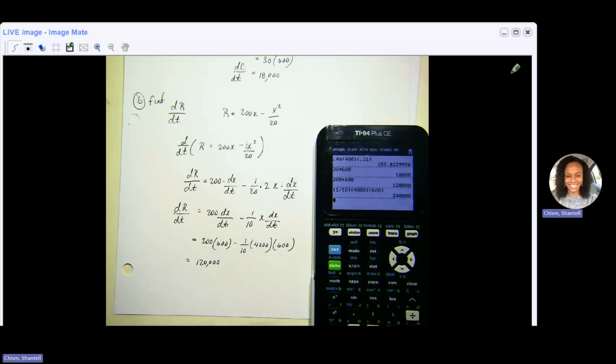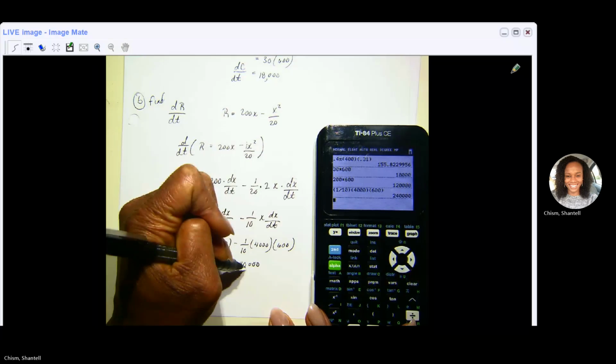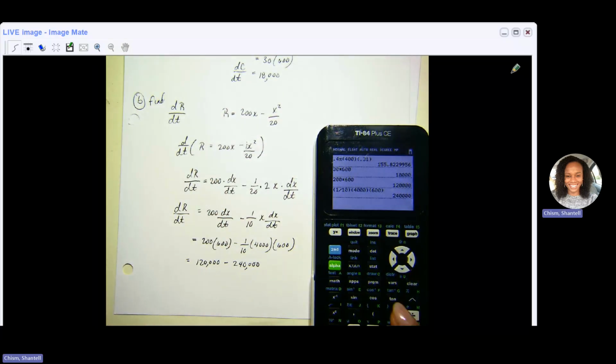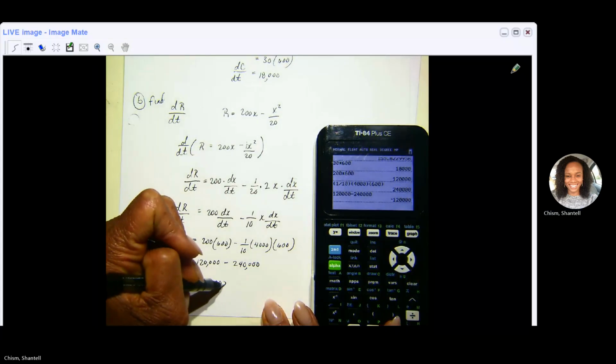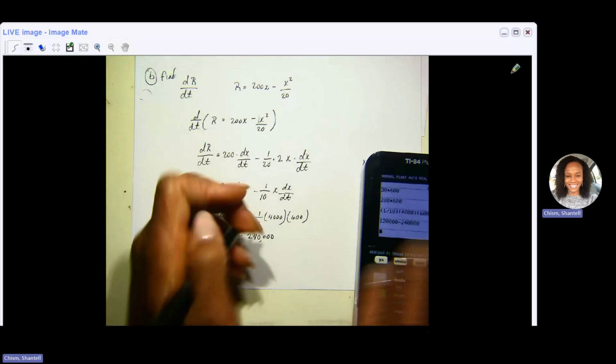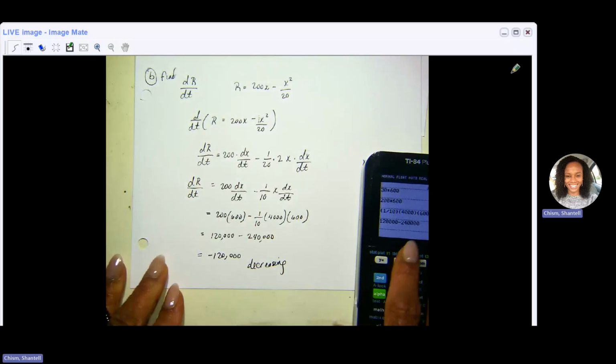So that is 240,000. And we are subtracting there. So 120 minus 240, we get a negative 120,000. So this means it is decreasing. The revenue is decreasing.